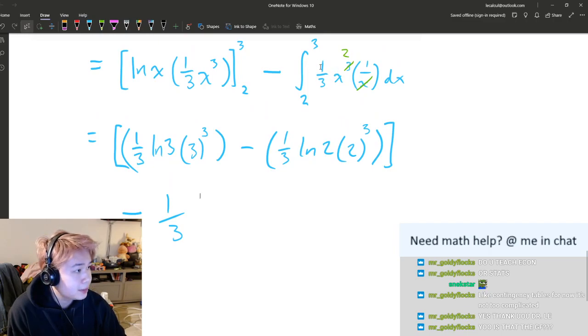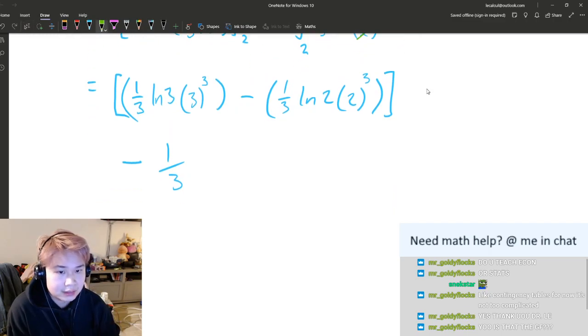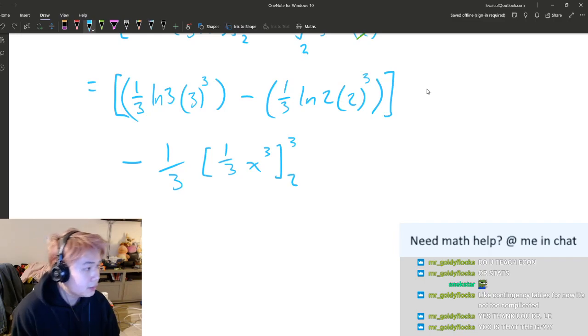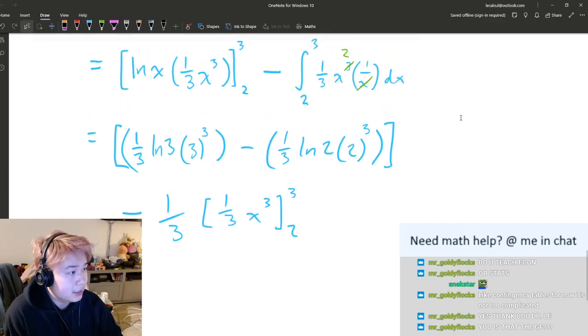And then there's a 1/3 coefficient, which is fine. We'll just leave that out in the front. So that becomes another 1/3 x cubed. And let me use square brackets. And then this is evaluated from 3 to 2.